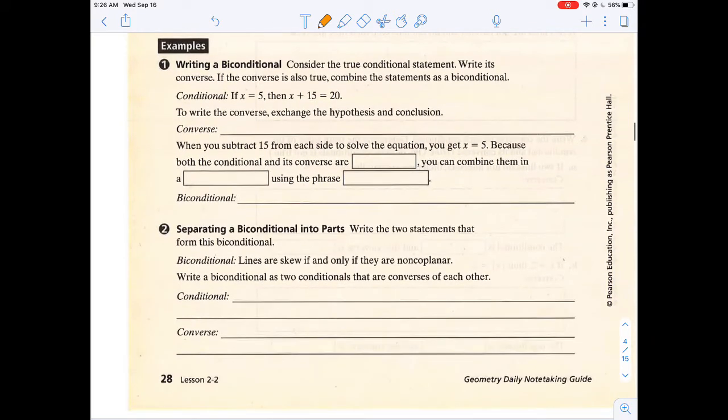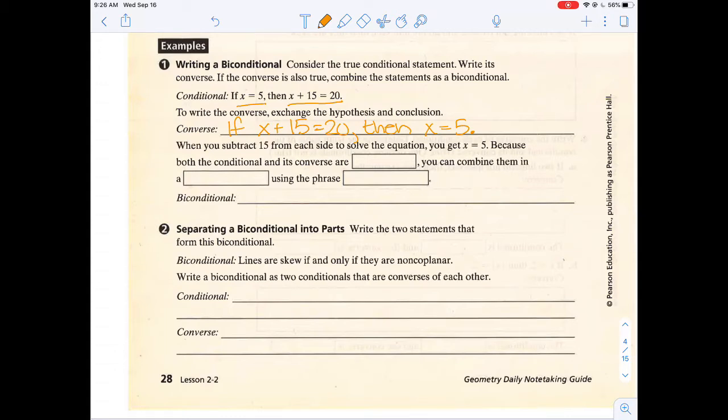Okay, let's try some examples. First, they give you this statement: if x equals 5, then x plus 15 equals 20. We're going to write the converse, so we switch the hypothesis and the conclusion. If x plus 15 equals 20, then x equals 5. When you subtract 15 from each side to solve the equation, you get x equals 5.